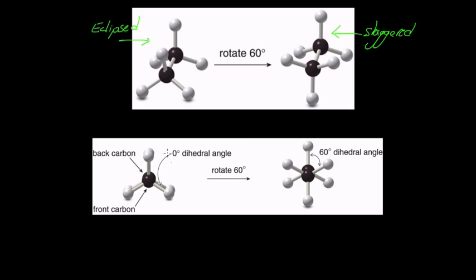Probably you can see it better in this conformation here, where we are looking straight on one of the carbons. We can see that the dihedral angle between the two CH bonds on the two adjacent carbons is around 0 degrees. However, for the staggered conformation, the dihedral angle between two CH bonds is 60 degrees.